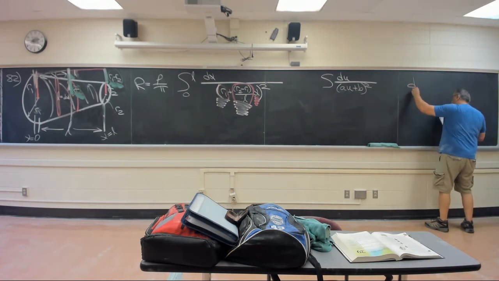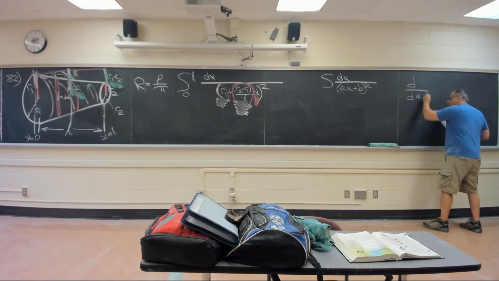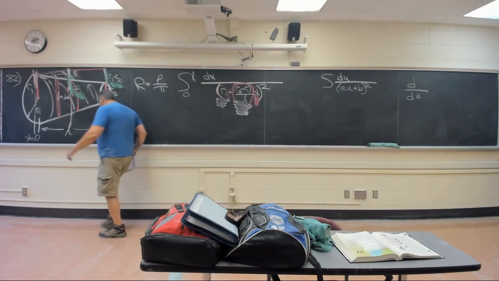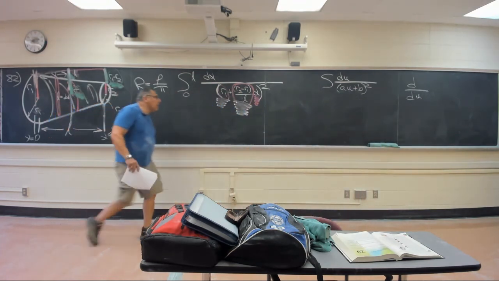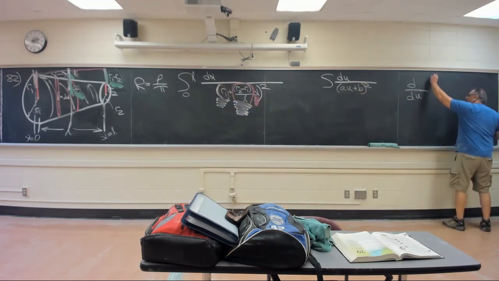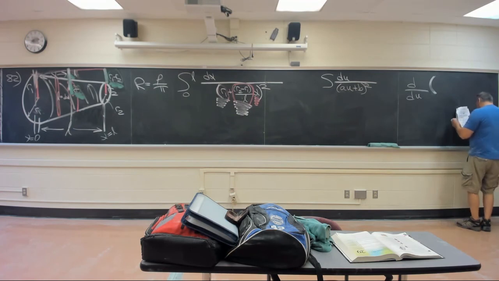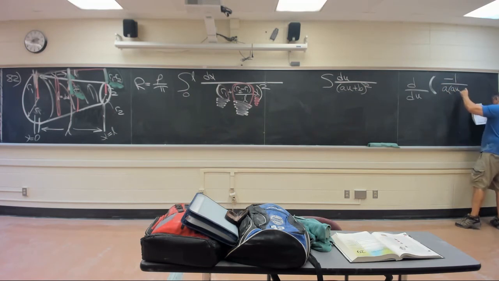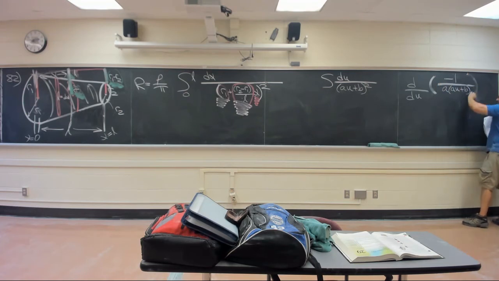But if you were to take d du of negative 1 over A times AU plus B, getting into the realm of guesses, I guess, right?